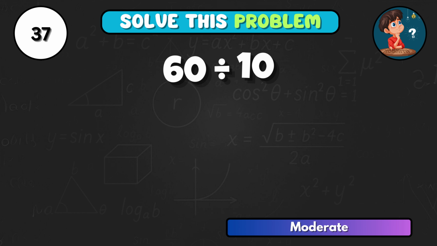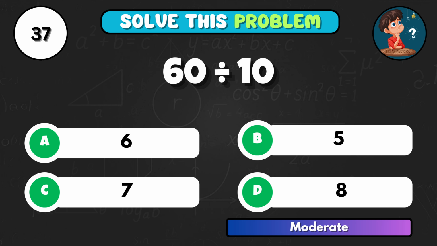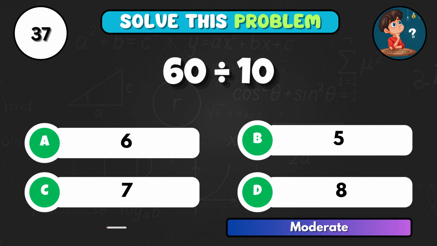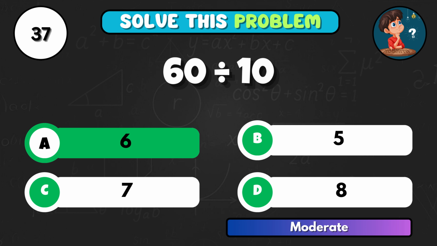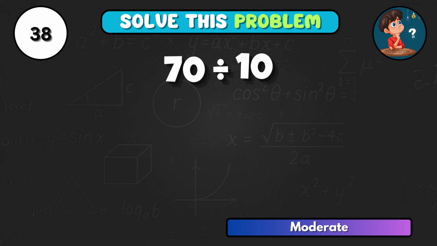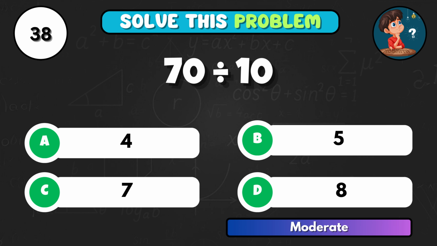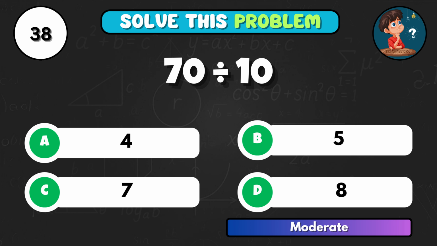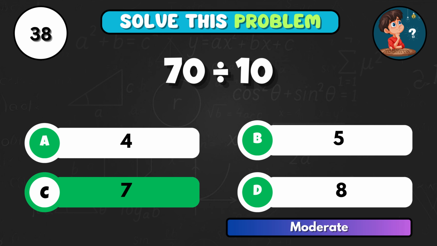What's 60 divided by 10? That makes it A, 6. 70 divided by 10 equals the answer, C, 7.